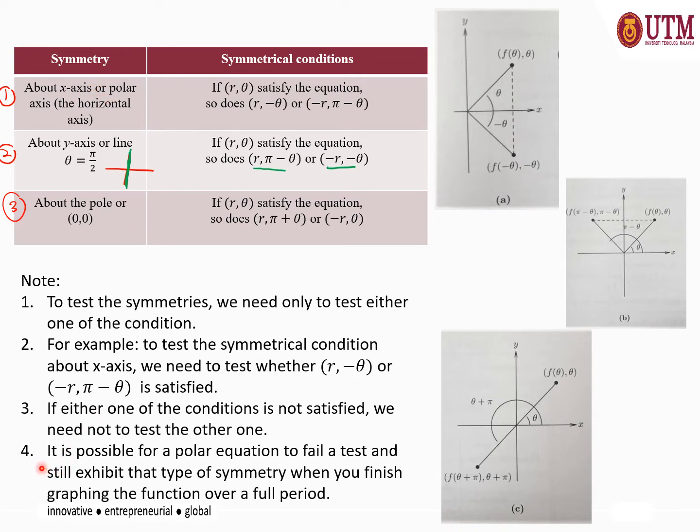The last point is that it is possible for a polar equation to fail a test and still exhibit that type of symmetry when you finish graphing the function over a full period. For example, you want to check the symmetry about the y-axis and you use (r, pi minus theta), and you see that this equation does not satisfy the original equation.